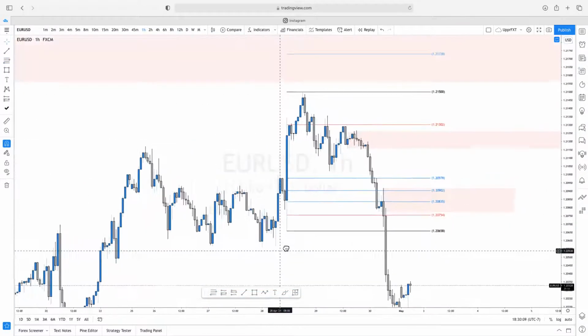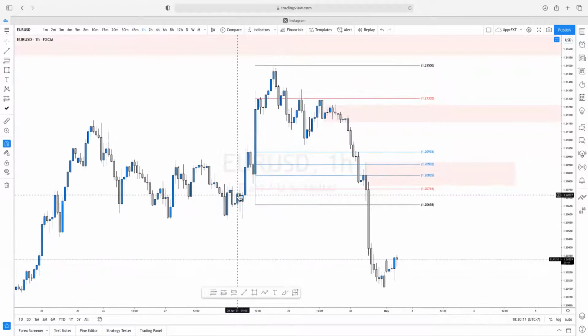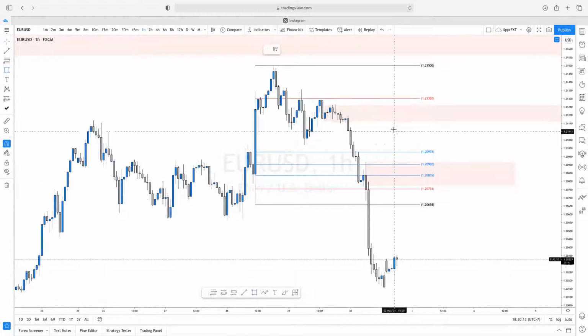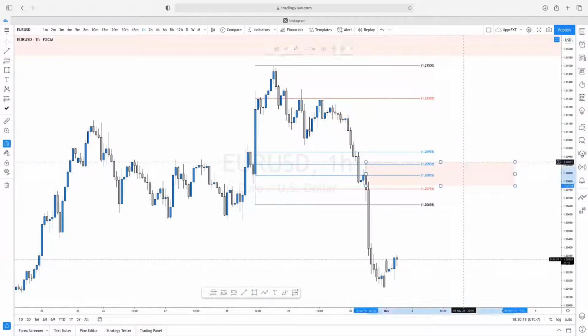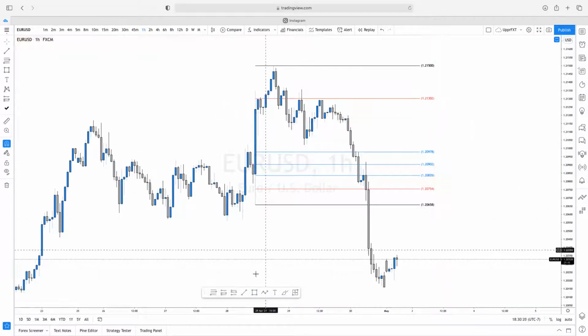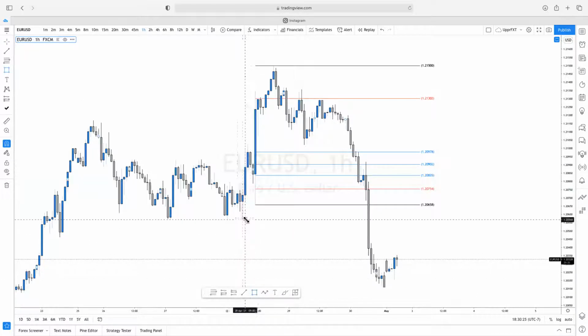This was a buy I was looking for. I was looking at it in two areas. I'm sorry, I'm going off topic, but I'm just going to explain something real quick. These are my zones that I had drawn up.